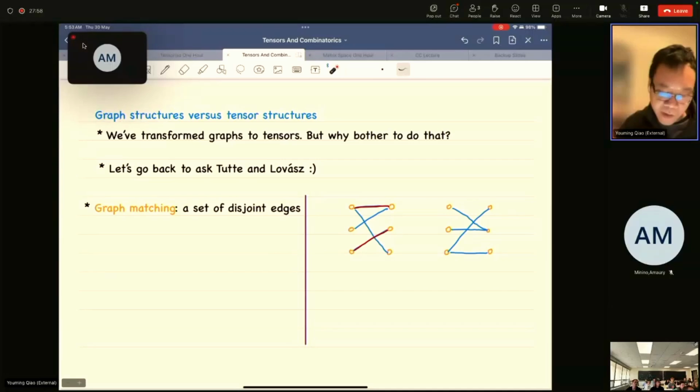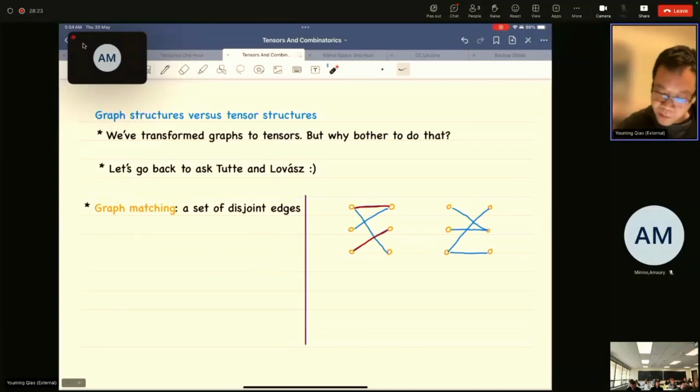So what is a graph matching? A graph matching is a set of disjoint edges. Namely, these edges do not share common vertices. For example, if you look at this graph, this is a bipartite graph. You have the left side, the right side, and four edges.